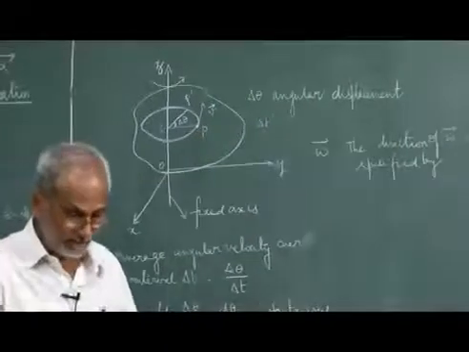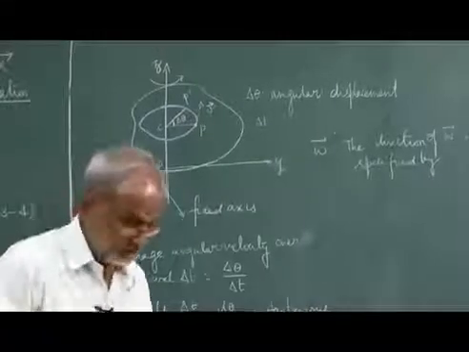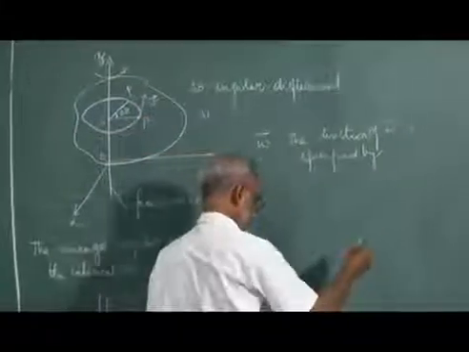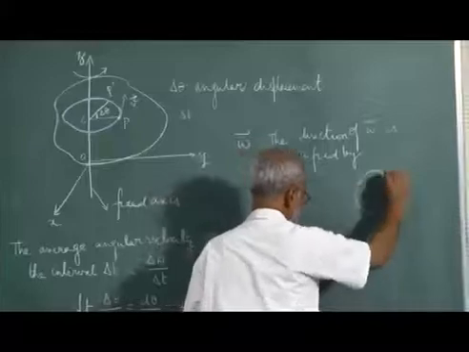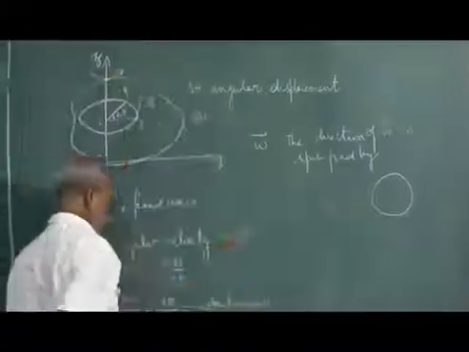And now we need to get various relationships. This particular circle alone I will amplify and draw it here. This is the top view, when you are seeing from the top.